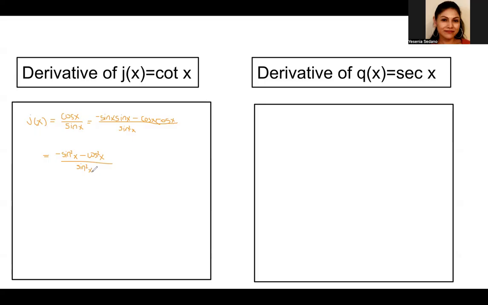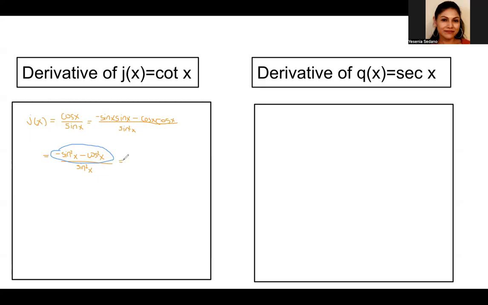Okay, so now we're going to pause here. This top kind of looks like the first Pythagorean identity, right? Where sine squared plus cosine squared equals 1. However, the issue is we have negatives going on here, so we can't yet use the identity.